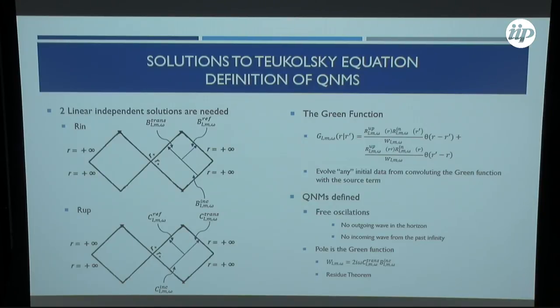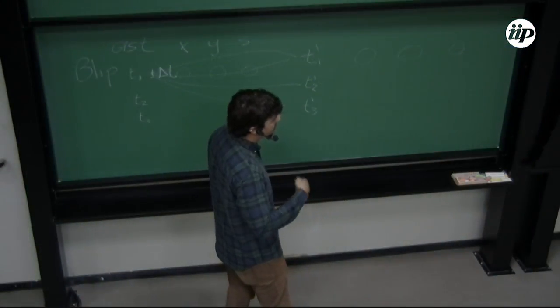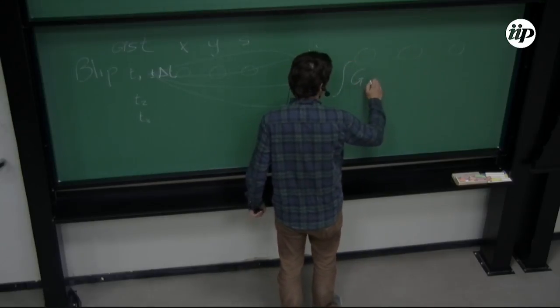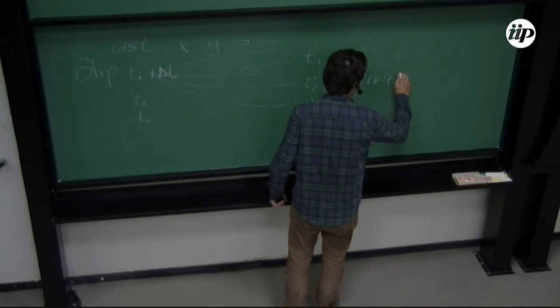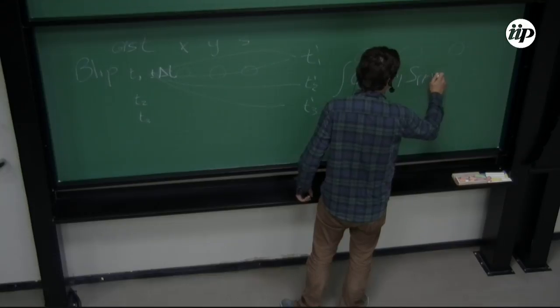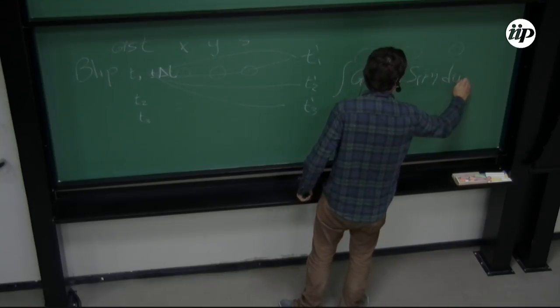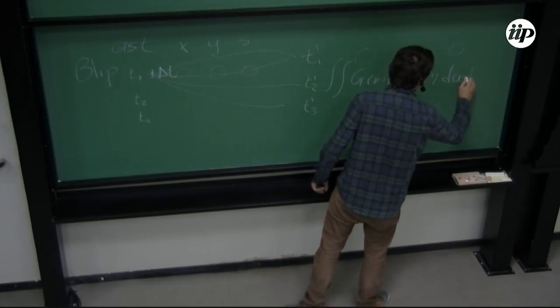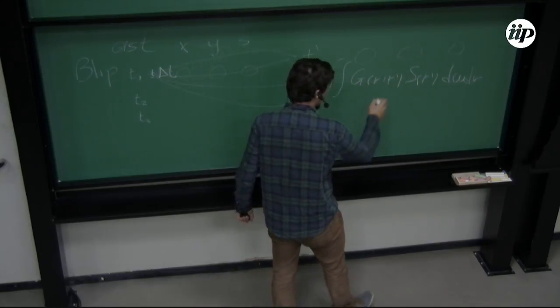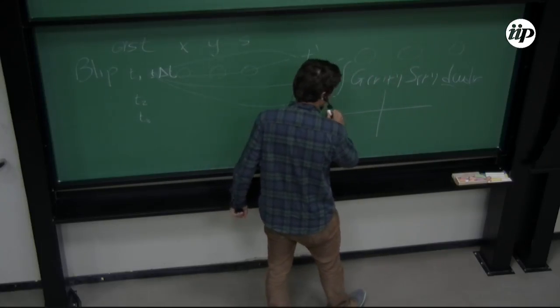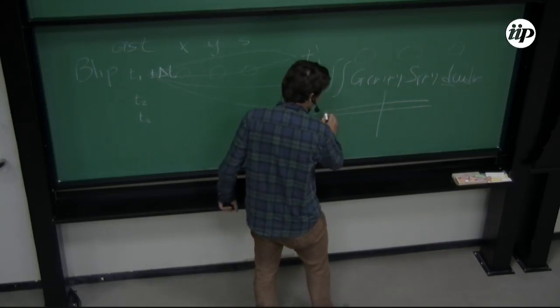Why they are poles: you can see that when you evolve to get the waveform, you integrate the Green function against the source, in r and in omega. And if you go to the integration in omega, in the complex plane, you are going to these regions here.